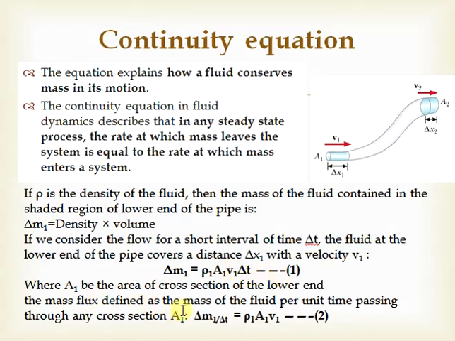The mass flux, which can be defined as the mass of the fluid per unit time passing through any cross section, at this end of cross-sectional area A1 is delta M1 by delta t, which is rho 1 A1 v1.